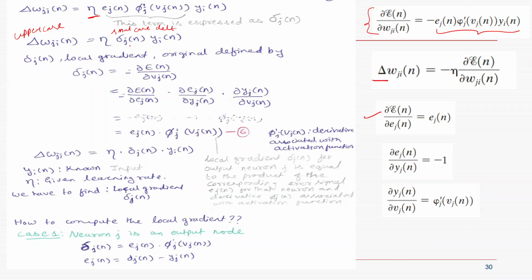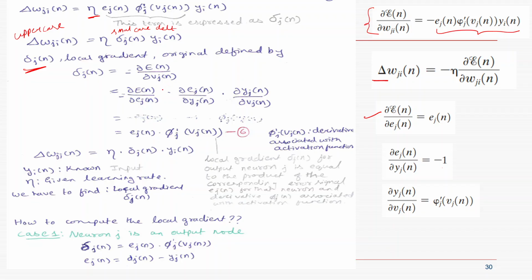Delta j of n is the local gradient, which is defined by minus differentiation of E of n with differentiation of Vj of n.